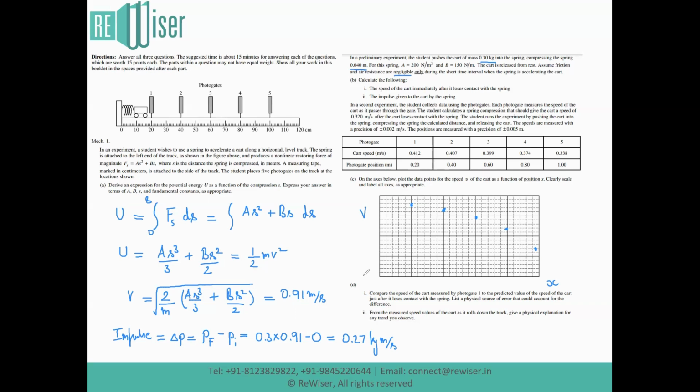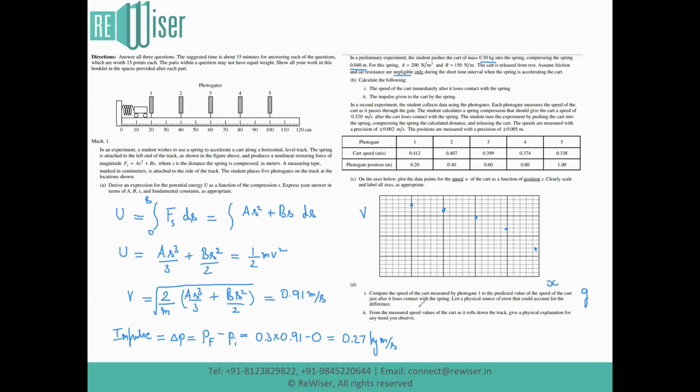We understand that the predicted value is greater than the value measured at the photo gate because there could be errors related to imperfection, or the track not being level but instead having a slope, where acceleration due to gravity comes into the picture. So this could lead to an inconsistency between the predicted and the measured values.